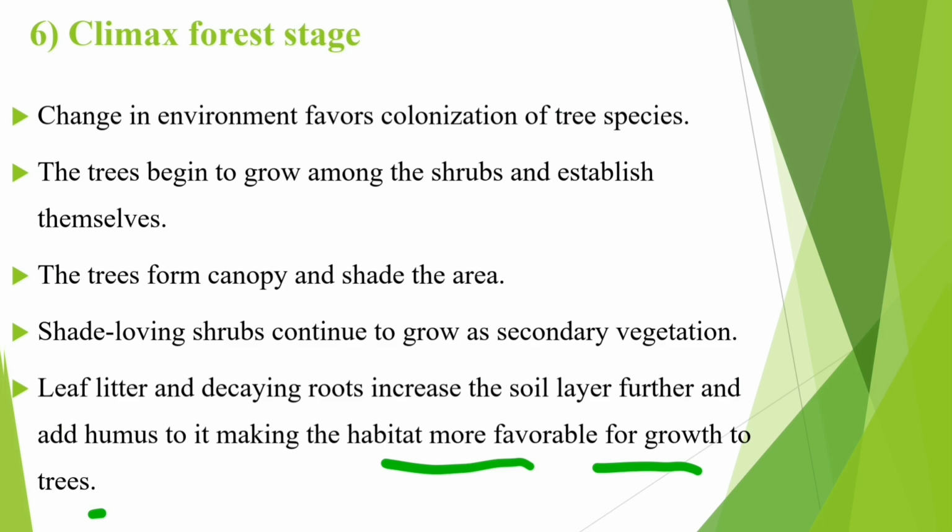The existing leaf litter, decaying roots and other plant materials degrade and mix with the soil and add humus, making the habitat more favorable for growth of more plants and large trees. This is the climax stage, and this is the stable, final stage of Xerosere.